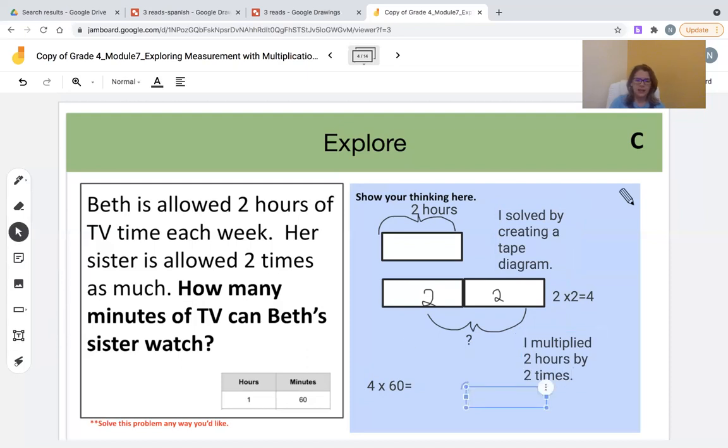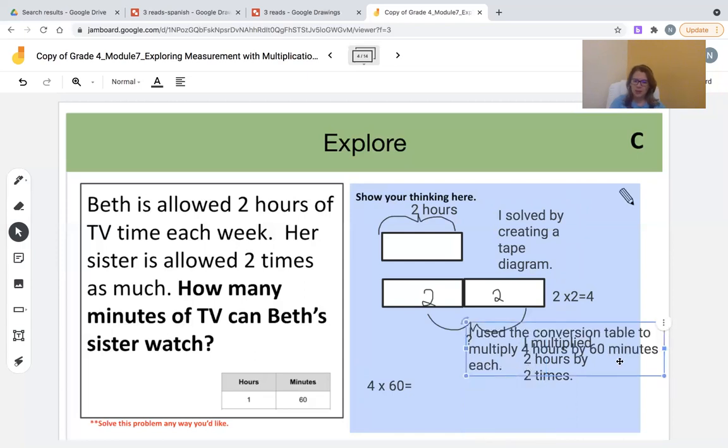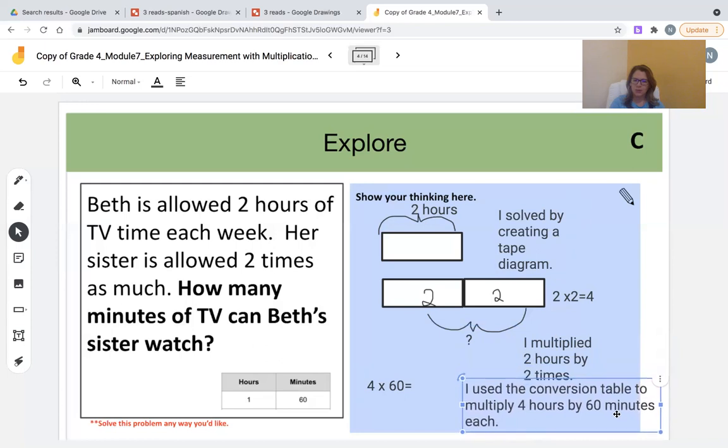And then finally, I used the conversion table to multiply 4 hours by 60 minutes each. These are the steps that you will take to solve this problem.